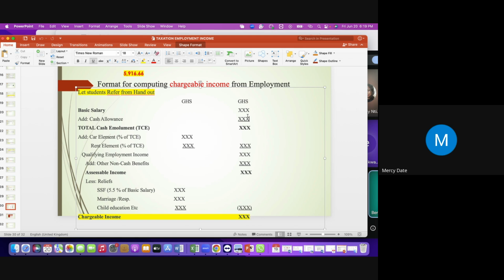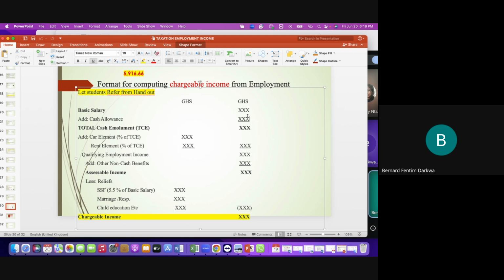Yes, doc. Good. So when you get to the cash allowances, it is not fixed. You can't say that these are the cash allowances, always fixed. No, because an item can be a cash allowance today, but in another question, that same item will be treated as other non-cash benefit. For example, maid servant.